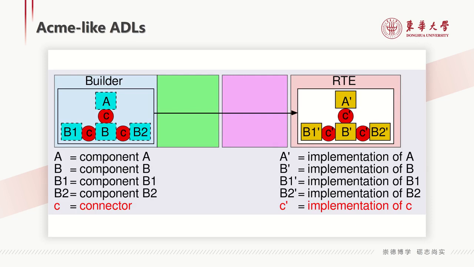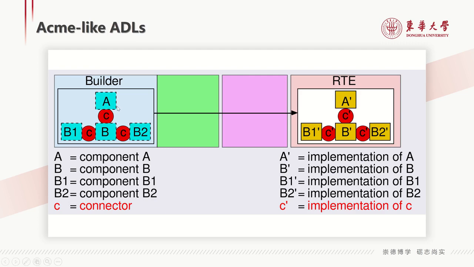in Acme-like ADLs, we can use a picture to express its form, right? So in the builder here, we have component A, component B, and components B1, B2. C here is the connector.